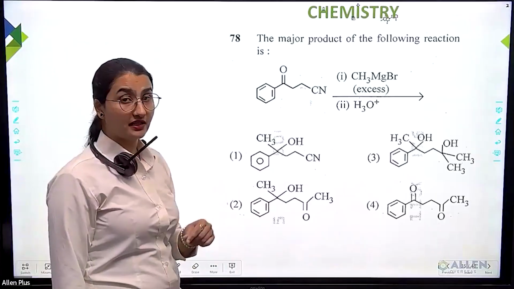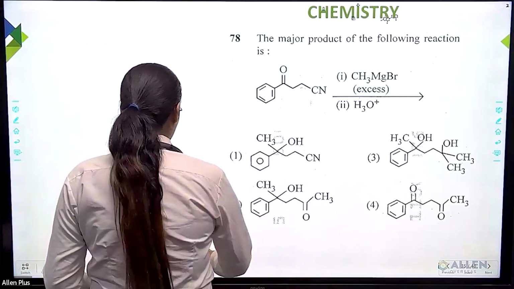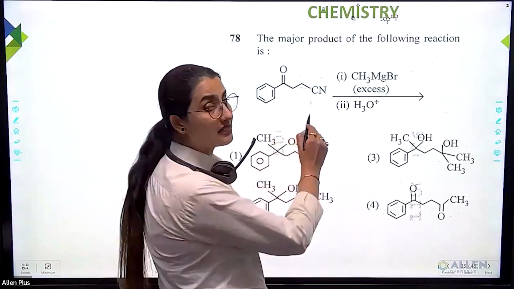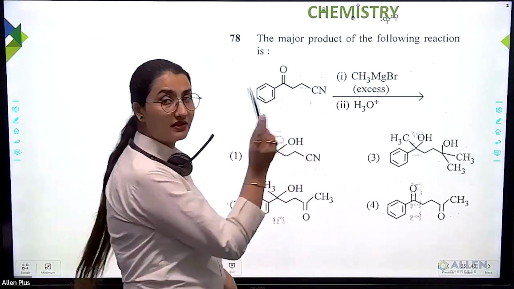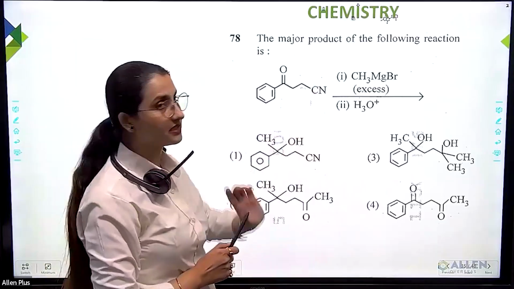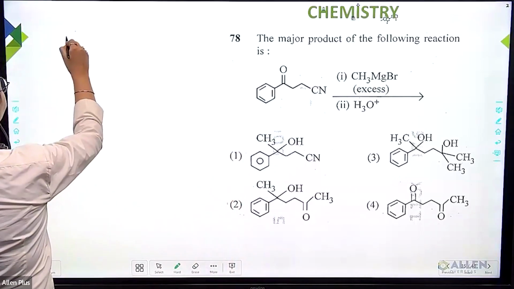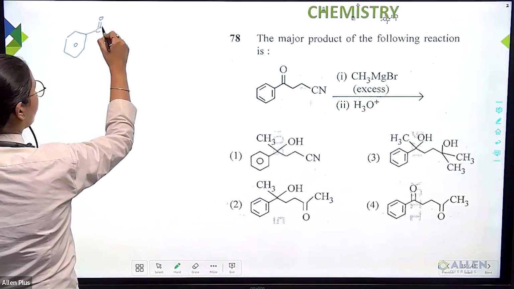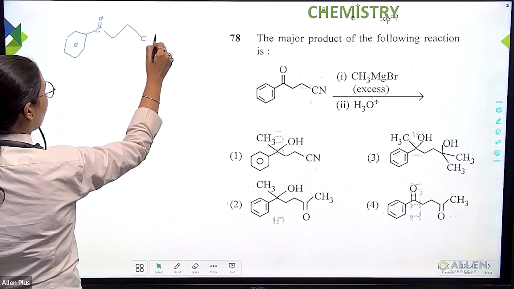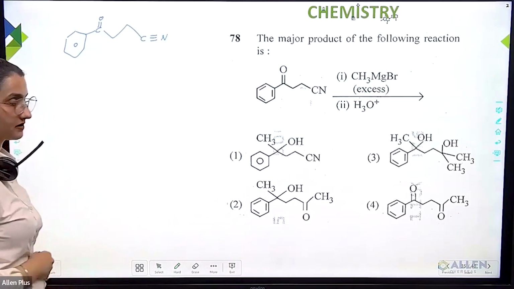Next, students, this is of Grignard reagent. So see, Grignard reagent will act as a nucleophile, causes addition reaction with carbonyl compounds, also with CN. Let's do this. I'm expanding CN and writing like this.